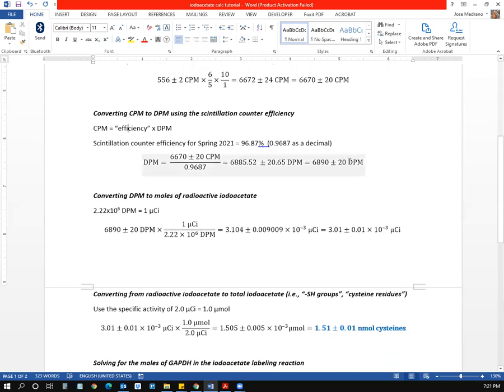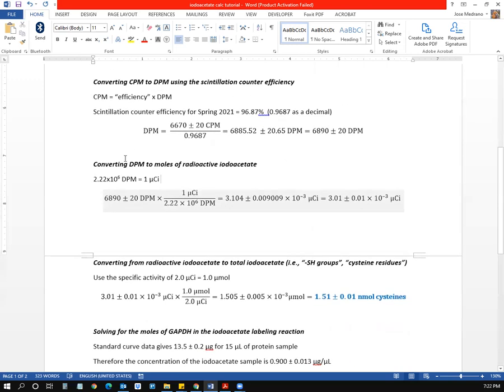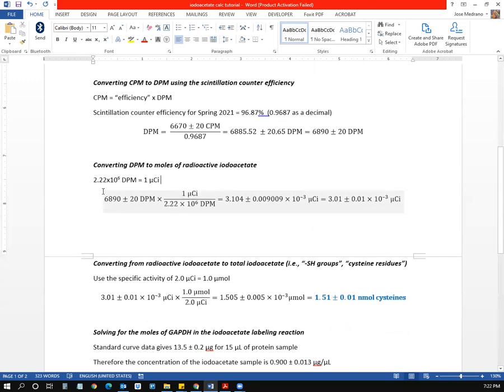Now that I have disintegrations per minute, I'm able to relate that to how much radioactivity I have in terms of microcuries. The relationship between disintegrations per minute and microcurie is that 2.22 times 10 to the 6 disintegrations per minute equals 1 microcurie of radioactivity.